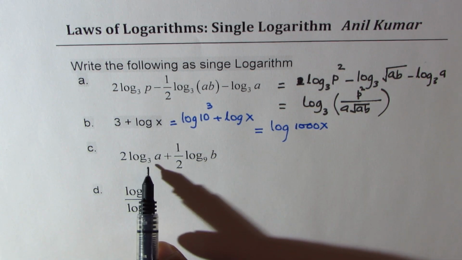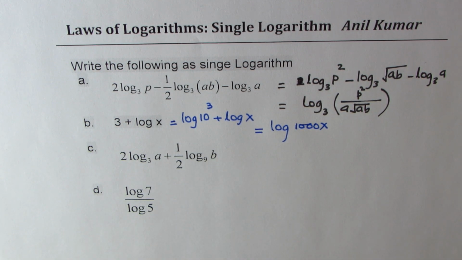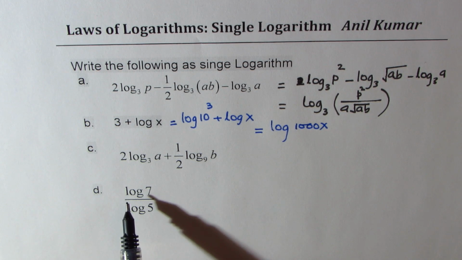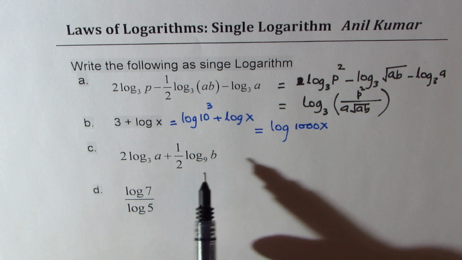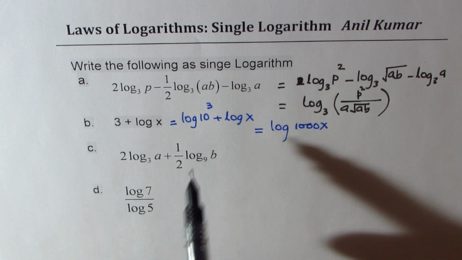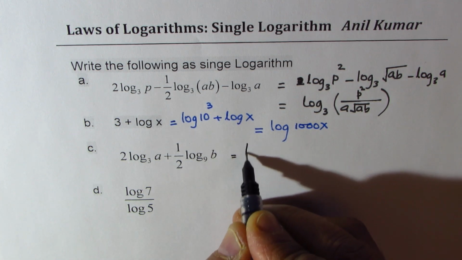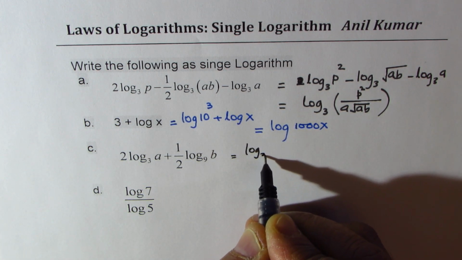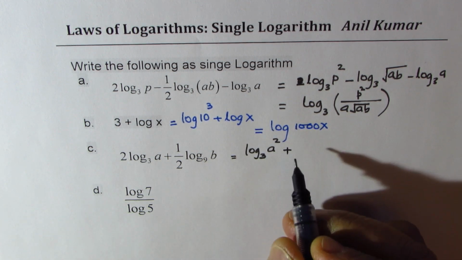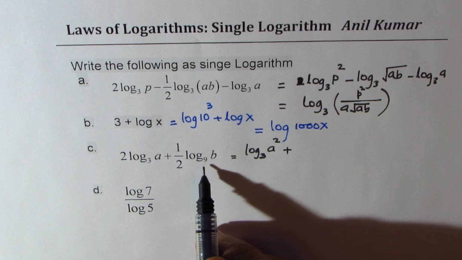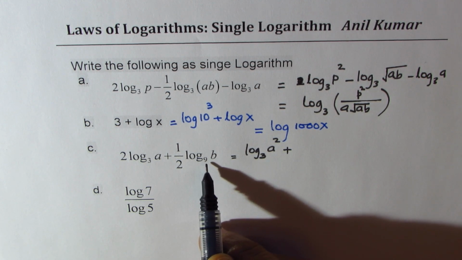Now here again, we have different bases. The base is 9 for the second one, base is 3 here. So one alternative is that we can change this base 9 to base 3, right? So that's what we are going to do now. So we could write this as first one log to the base 3 of a square, that's fine, plus, now to convert it to the base of 3, what should we do?